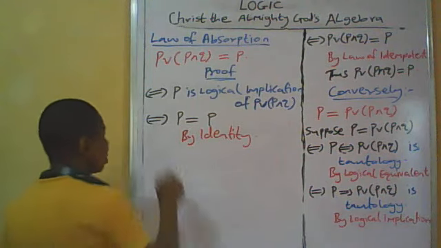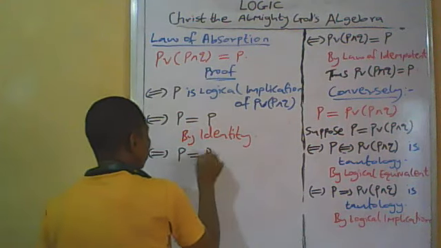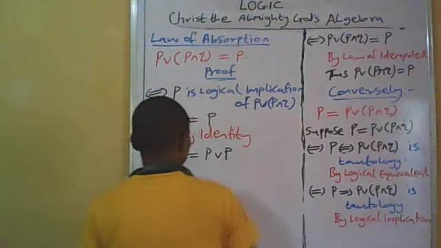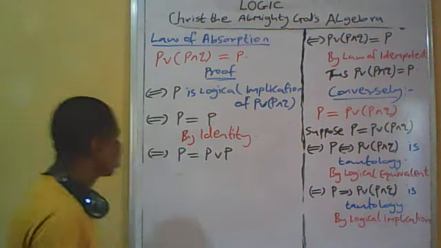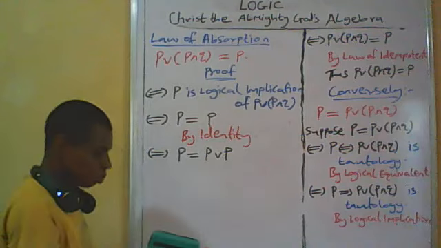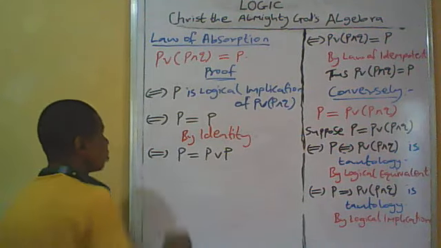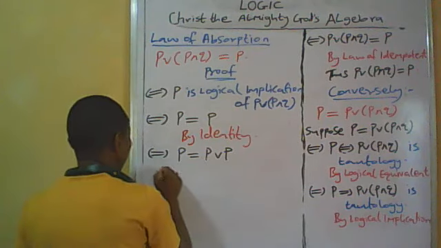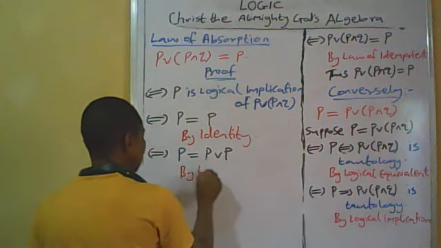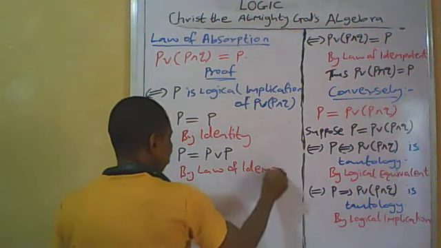So if and only if P is equal to P or P, that means you have not split this P into P or P. We justify by the law of idempotence.